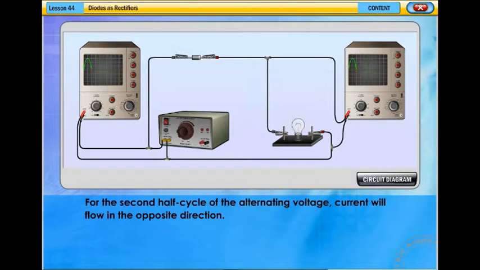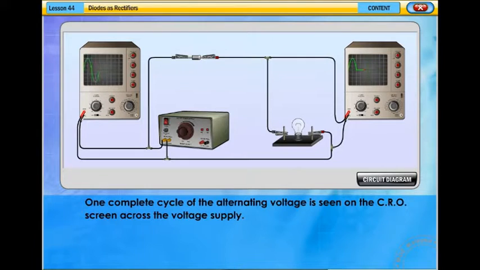For the second half cycle of the alternating voltage, current will flow in the opposite direction. What will be displayed on the CRO screens? One complete cycle of the alternating voltage is seen on the CRO screen across the voltage supply.